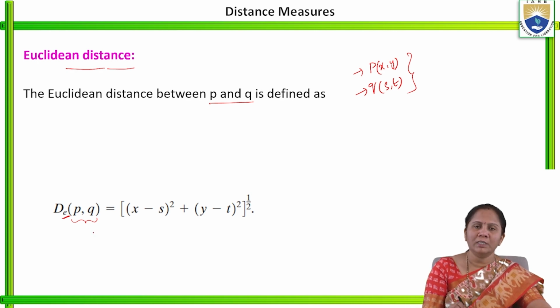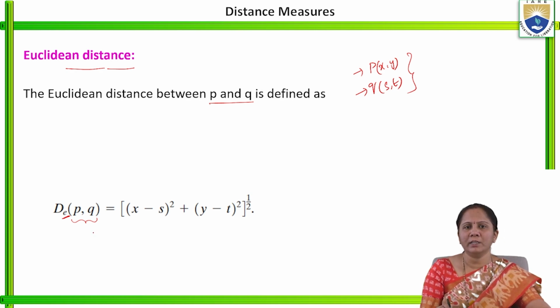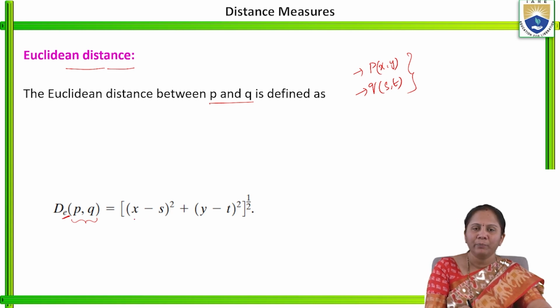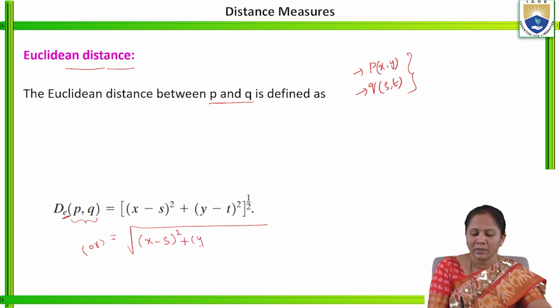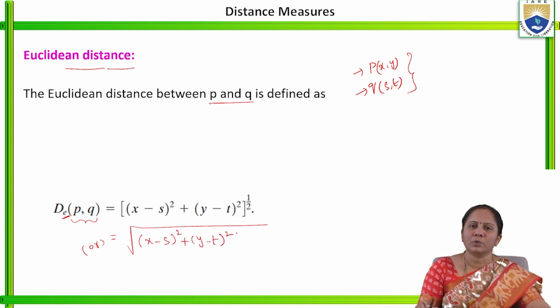In order to find the distance between these two pixels P and Q using the Euclidean distance formula, the formula is the root of (x minus s) whole square plus (y minus t) whole square. Here it is written as the whole power 1 by 2. You can also write this as the root of (x minus s) whole square plus (y minus t) whole square.